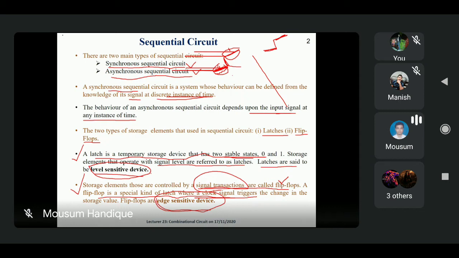Okay, what is the special kind? That means we are using the clock signal. But when we are talking about latches, we are not using any clock signal concept. And someone is asking you why we are using the clock signal in flip-flops? Because the flip-flops are controlled by the signal transition.